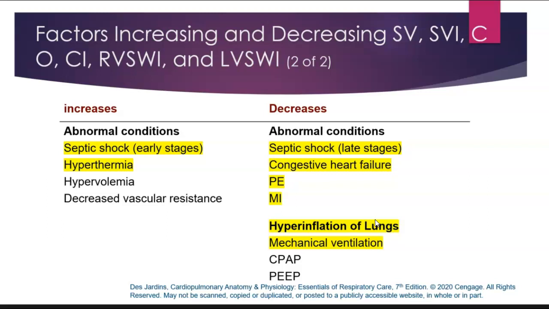Things that are going to decrease my stroke volume and my cardiac output include late stage septic shock, where our body's kind of shutting down. It's not working as effectively as it once was, so we're going to have a decrease in cardiac output and stroke volume.